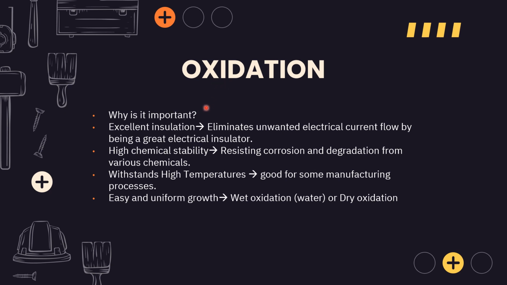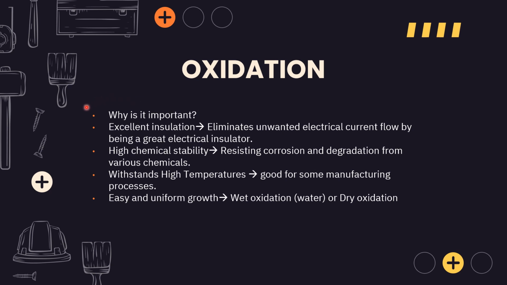Also, we have high chemical stability. We will be performing some chemical methods, manufacturing processes, and it's important for our material to be chemically stable against corrosion or degradation, for instance.